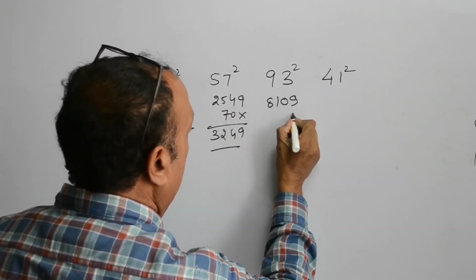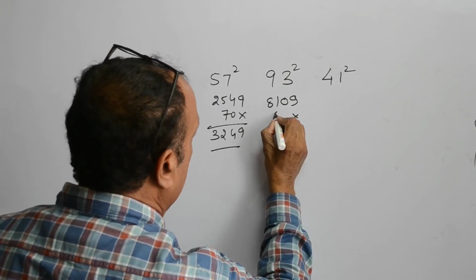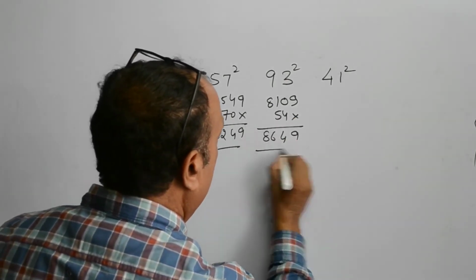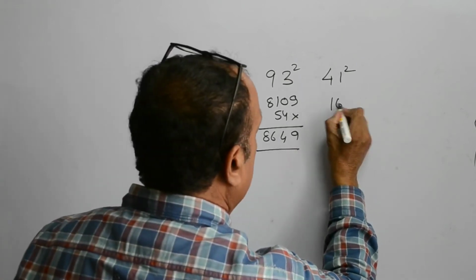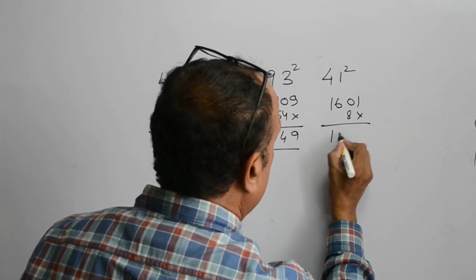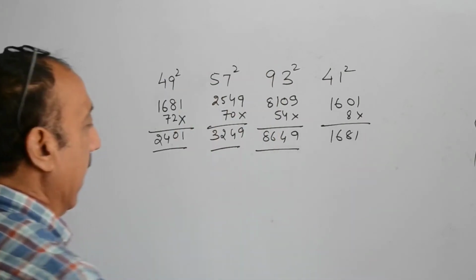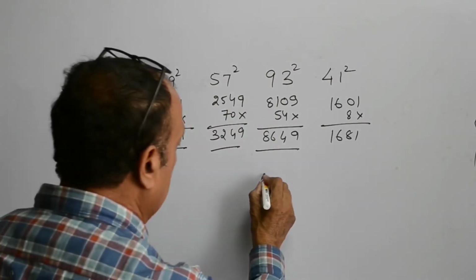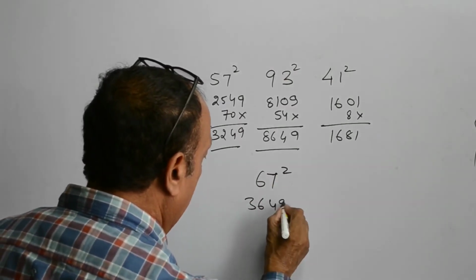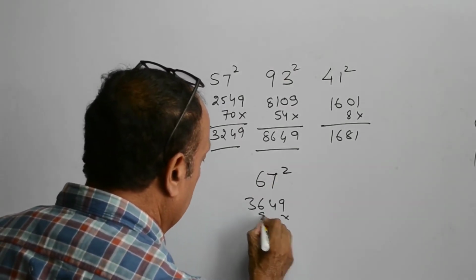8109. 27 double is 54. 9, 4, 6, 8. 1601, double of 4 is 8. 1, 6, 8, 1. And we can take the square of any number. For example, 67 whole square is 36, 49. 42 double is 84.